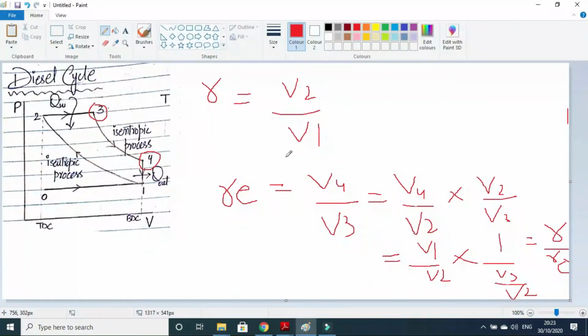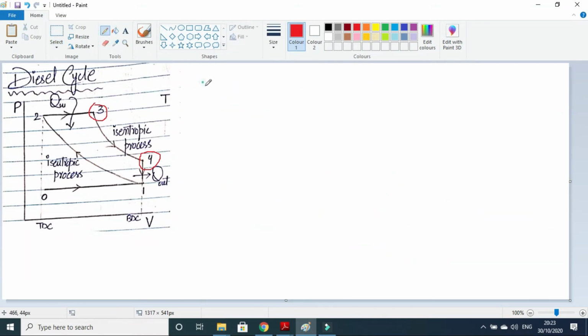So what does it mean? Clearance volume is 1 upon 8 of the swept volume. So we can use this relation to calculate the compression ratio.